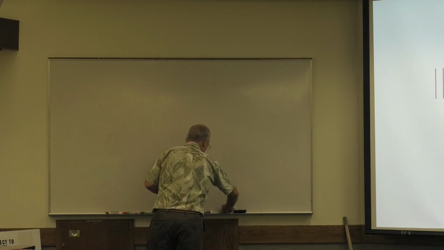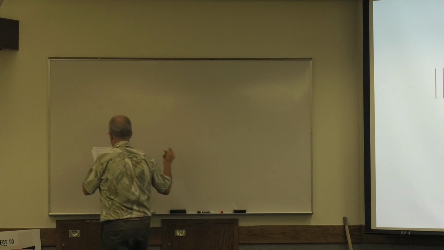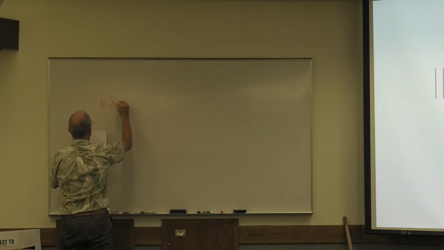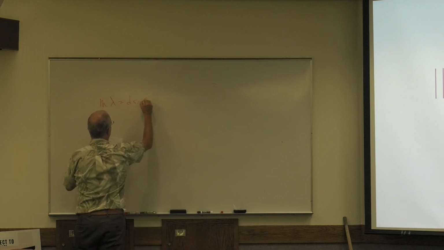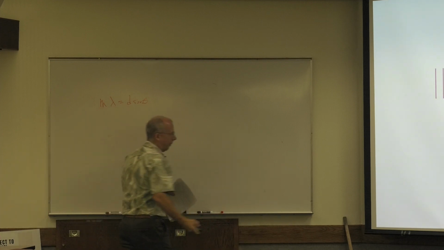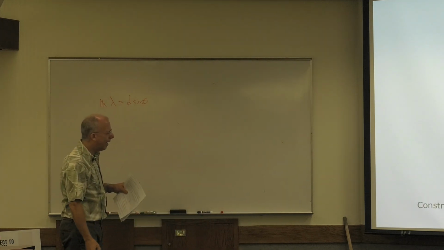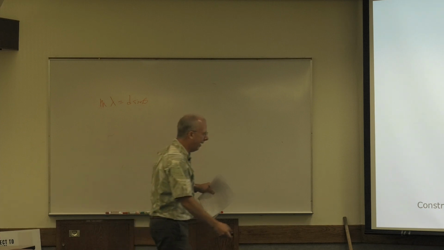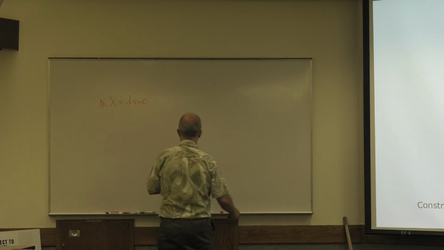So basically, we're going to say m lambda equals d sine theta, right? So it's just what we had a minute ago. Did I write it down somewhere? Yeah, there it is. Okay, we're going to use that. d sine theta equals m lambda.